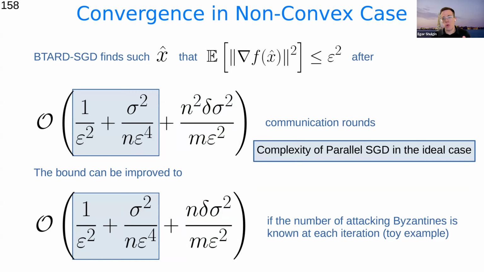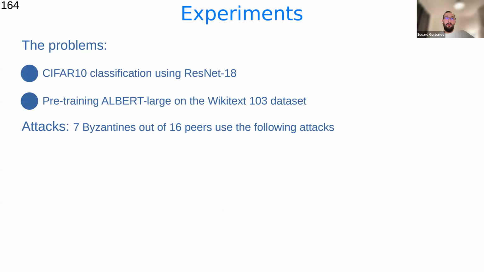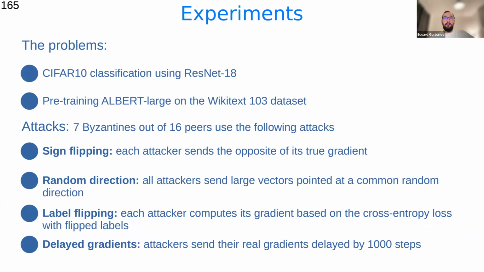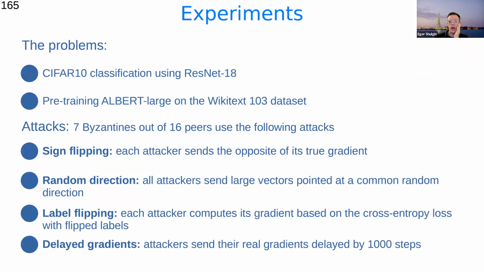Well, it's a very good question. Indeed, in the worst case, we have this dependence on M, and M is the number of clients that we select for the check of computation. It should be small. So in the worst case, it's like that. But in the experiments, to be honest, we didn't try too many clients. But here you show that you have 7 out of 16 clients, which is almost half, right?